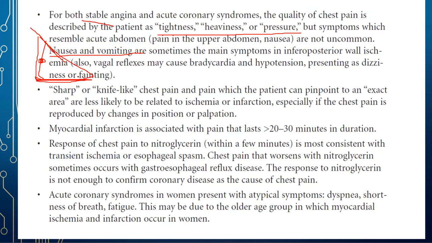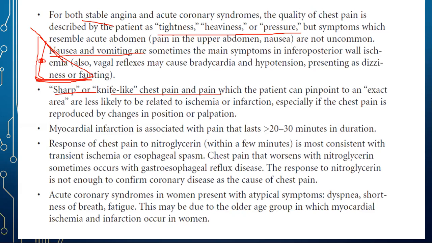Next one, remember we said there is a condition called pericarditis. That pericarditis pain usually comes as a sharp knife-like chest pain. And the patient can pinpoint the exact area where the pain is. But with myocardial infarction pain, the patient usually cannot show you where exactly the pain is. But if a patient can say that I'm exactly having pain in this area, it's a kind of sharp stabbing or knife-like pain, you should think about pericarditis.